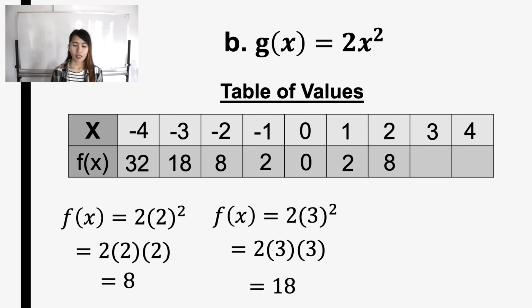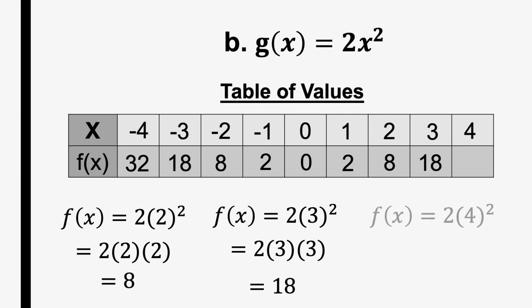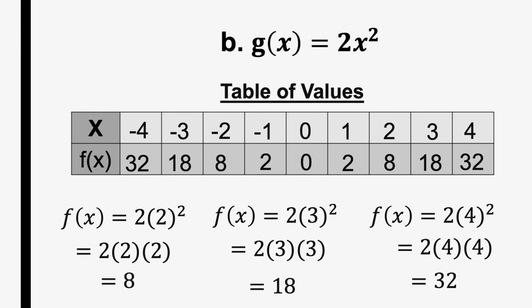Next, g of 3 is equal to 2 times 3 squared, or 2 times 3 times 3. So our answer will become positive 18. So for the last value, we have g of 4 is equal to 2 times 4 squared, or 2 times 4 times 4, we have positive 32.